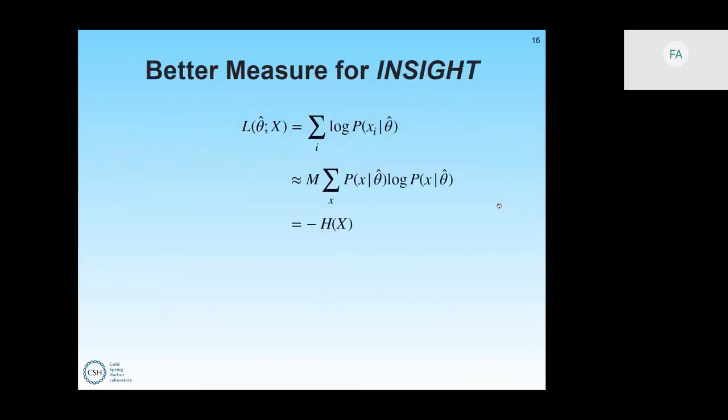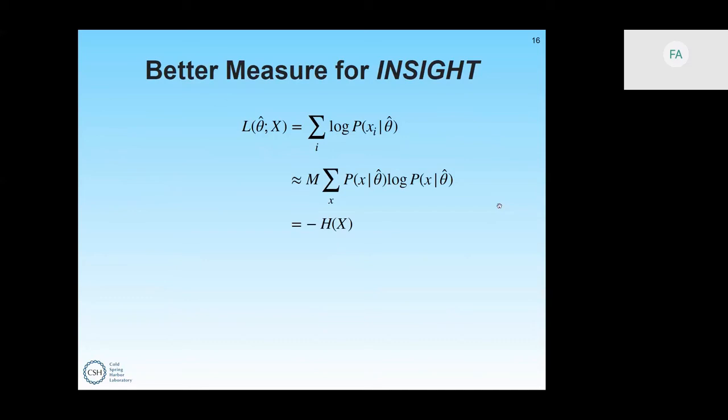Now, I'm running out of time, so I'm going to jump into our results in a second, but I just want to mention briefly that what we actually use as our measure of information is the log likelihood function from the INSIGHT model, rather than this measure of entropy based on the binary values. This turns out to be closely related, but a richer measure of entropy, and gives us some advantages.